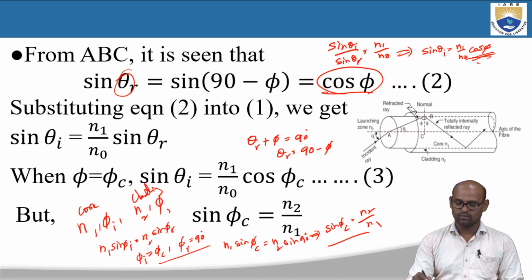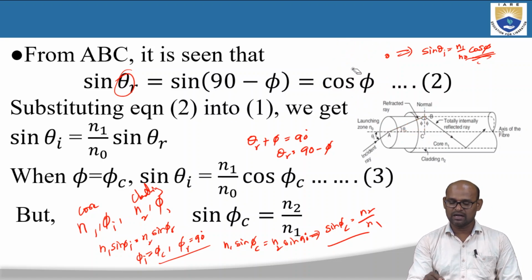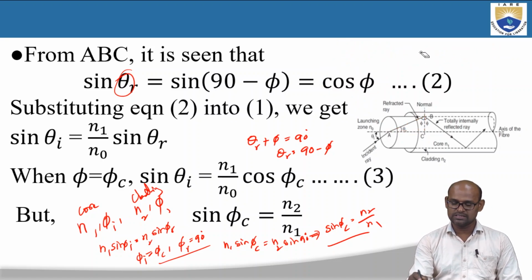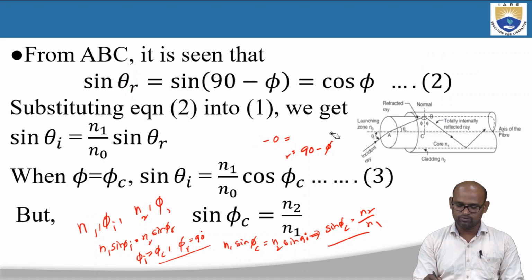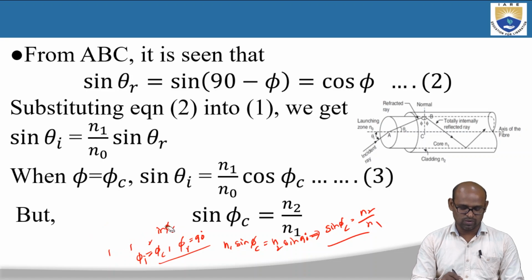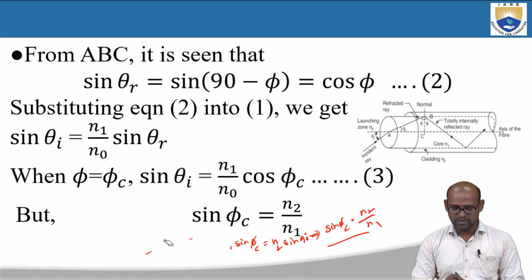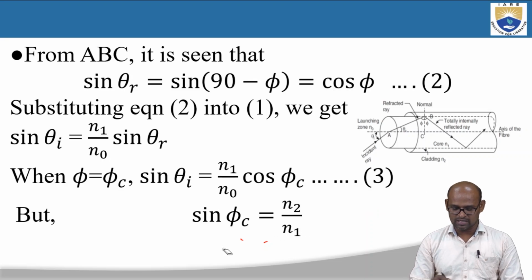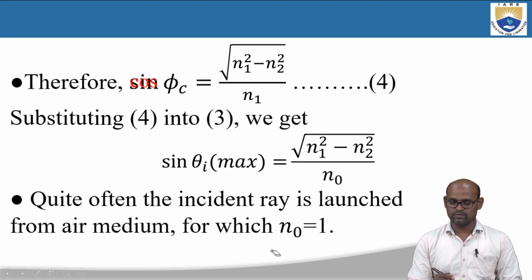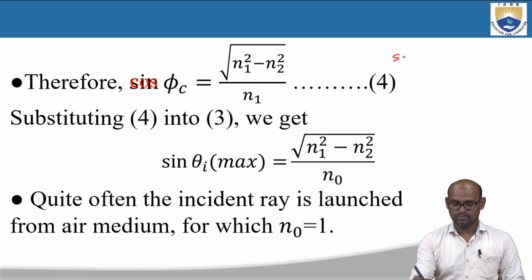Let us calculate the cos phi value using this sin phi. Using trigonometry, we know that sin square phi is equal to 1 minus cos square phi. So we can write cos phi in terms of sin phi, because we know sin phi.